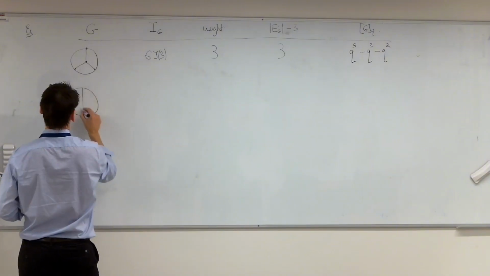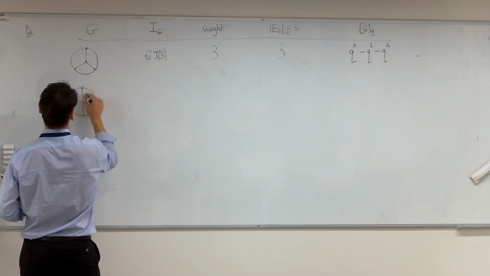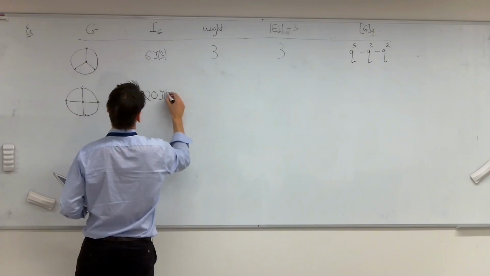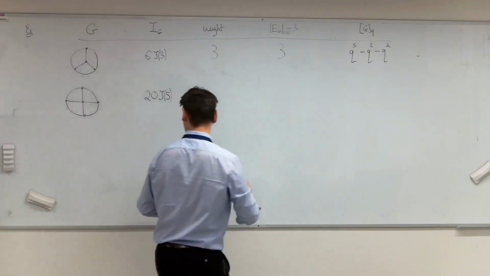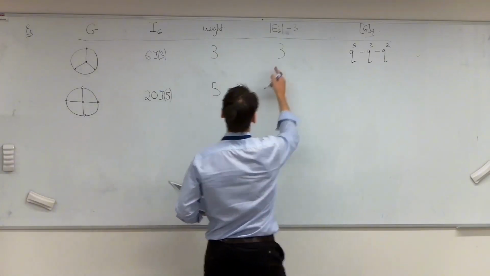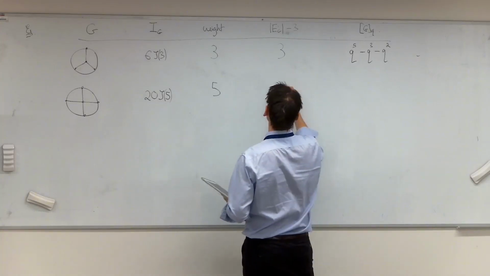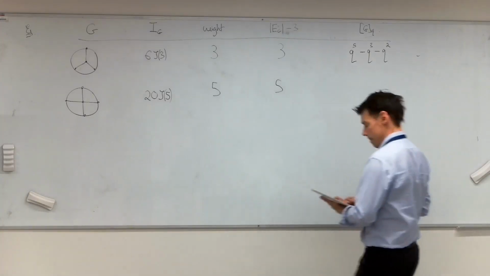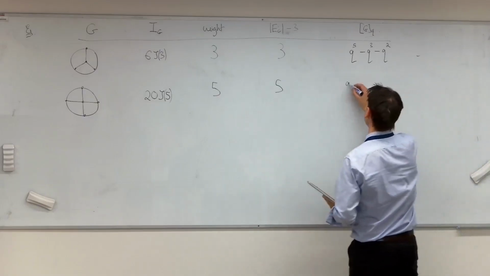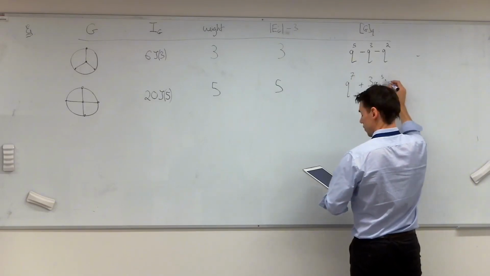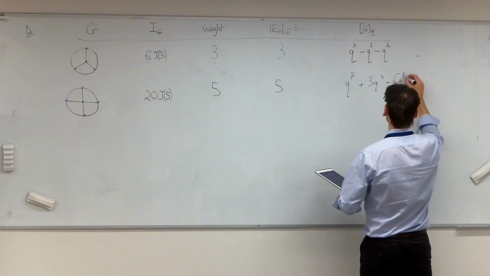The next graph we had was this, and the residue was 20 zeta 5. The weight is 5. Here we have 8 edges, so 8 minus 5 minus 3 is 5. And here it's something like q to the 7 plus 3 q to the 5 minus 6 q to the 4.